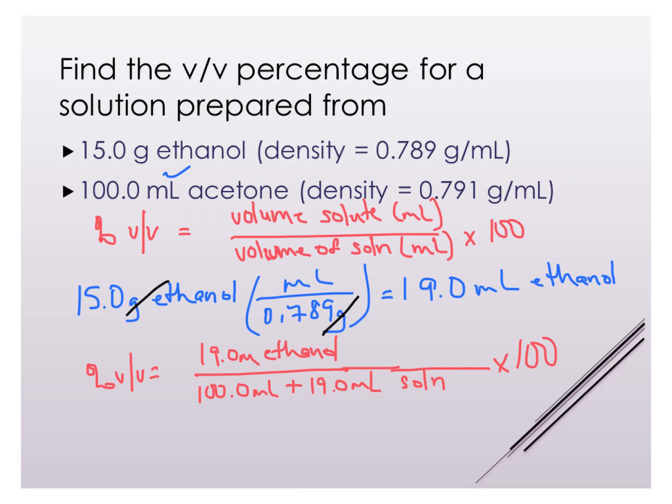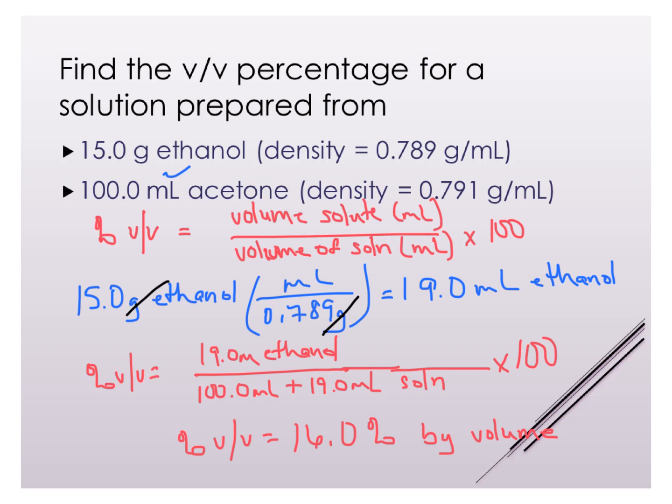And so now I can take my 19 divided by 119 times 100, and I get 16.0% by volume. And so we can either write out by volume or put V over V. Both of those give us the same information.